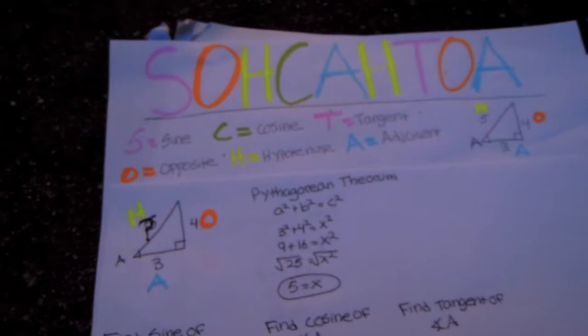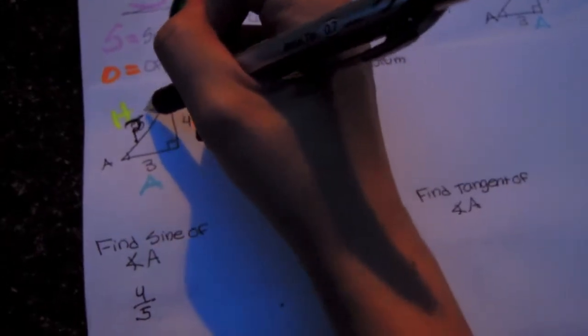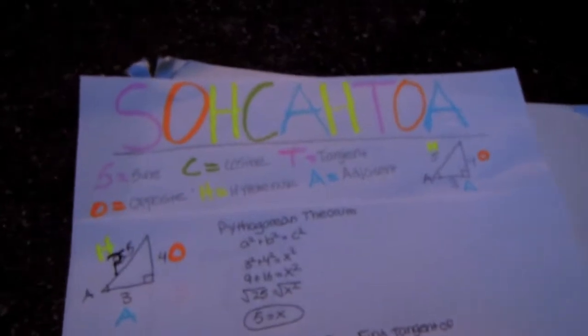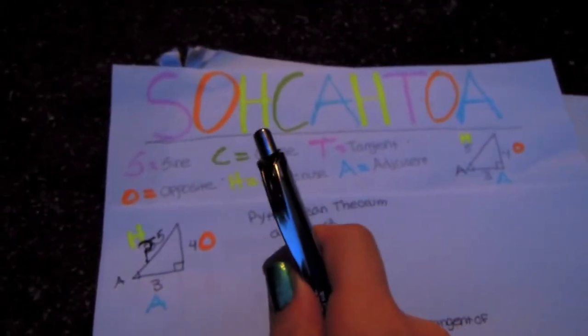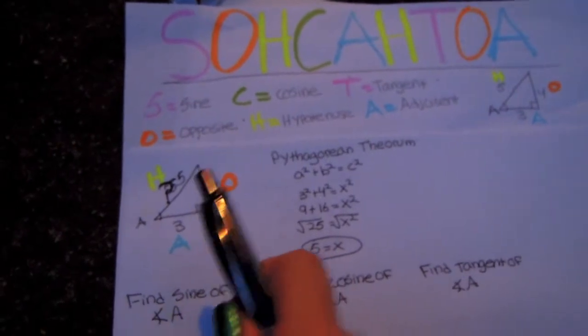Now that we have the lengths of all our sides, we can find the sine of angle A. Remember, sine is opposite over hypotenuse. So it'll be 4, which is the opposite side, over 5.